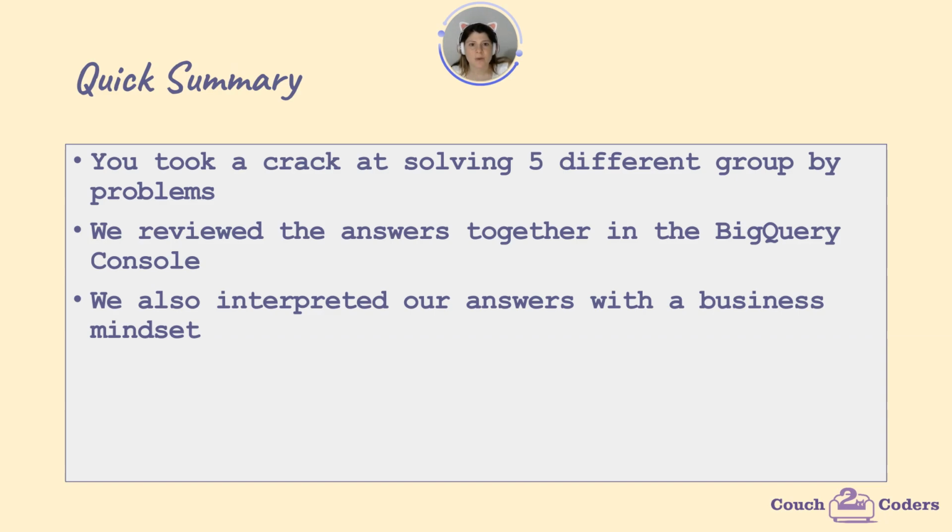So not just doing the task, accepting the answer, and thinking nothing else about it. We thought analytically about, what do these answers mean? Is this good data? What would this mean for our future analysis? In our next module, we will continue doing the group bys, looking a little bit more into different types of functions. See you then.